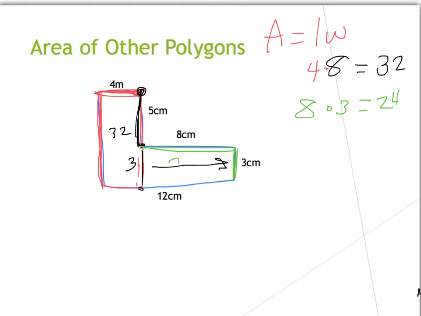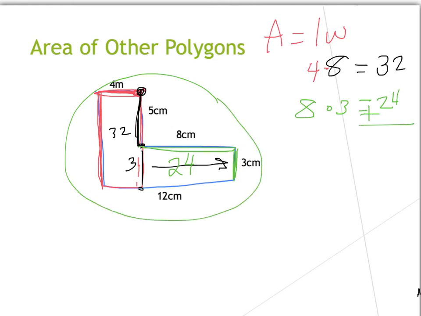So this rectangle is 24 centimeters squared. And for the whole shape, I would just add these two together, which gives me 56. So 56 centimeters squared.